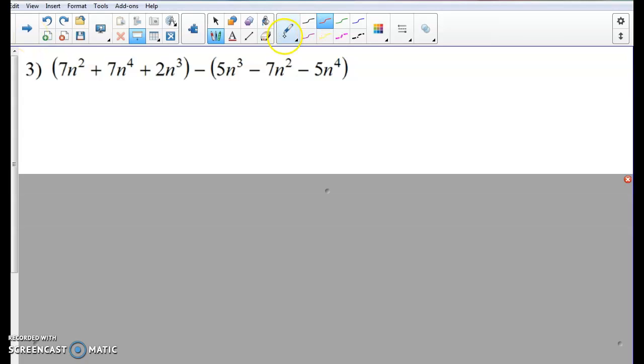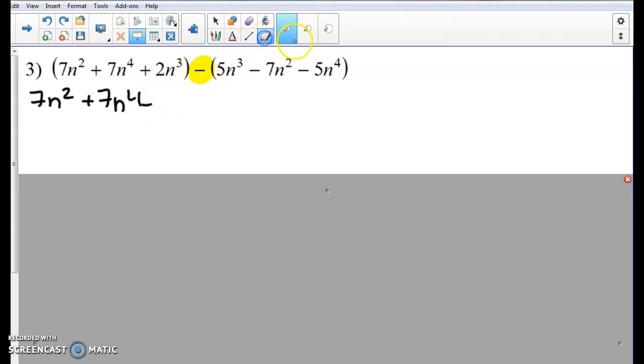Now we have just a couple more examples. For this one, we see that it's a minus in the middle. So we're going to remember to drop down the first parenthesis just as it is, 7n squared plus 7n to the 4th plus 2n cubed. Oh, I said it right and wrote it wrong. Plus 2n cubed. Hopefully you do slightly better with writing here.